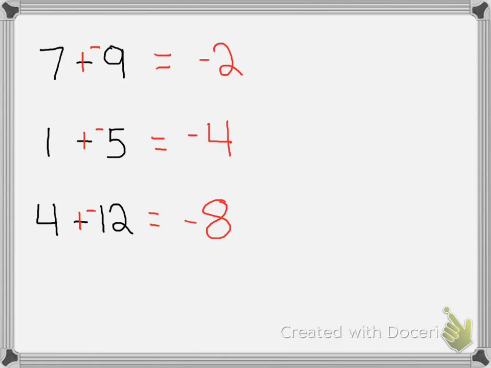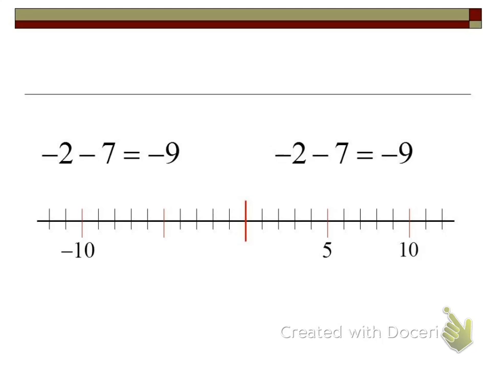Now let's look at another scenario where we're going to have a negative number first minus a positive number. I can use the same rule. I'm going to take the subtraction sign in the middle and change that into adding a negative. So negative 2 plus negative 7. And that's my same sign sum rule. Negative 2 plus negative 7 is negative 9.